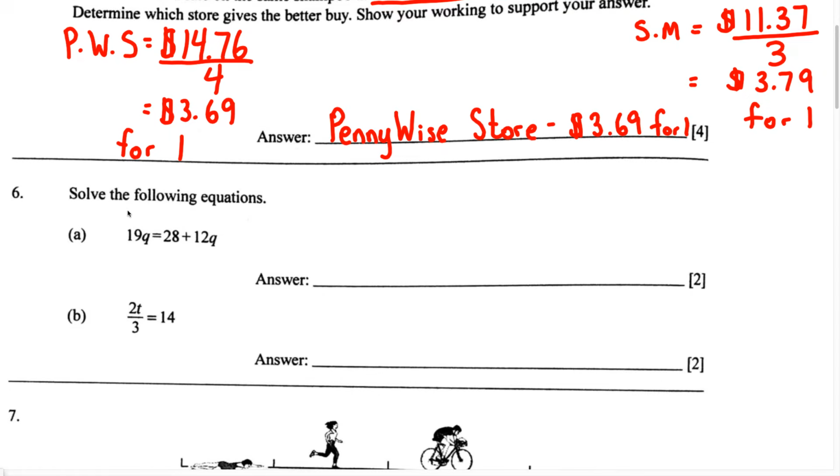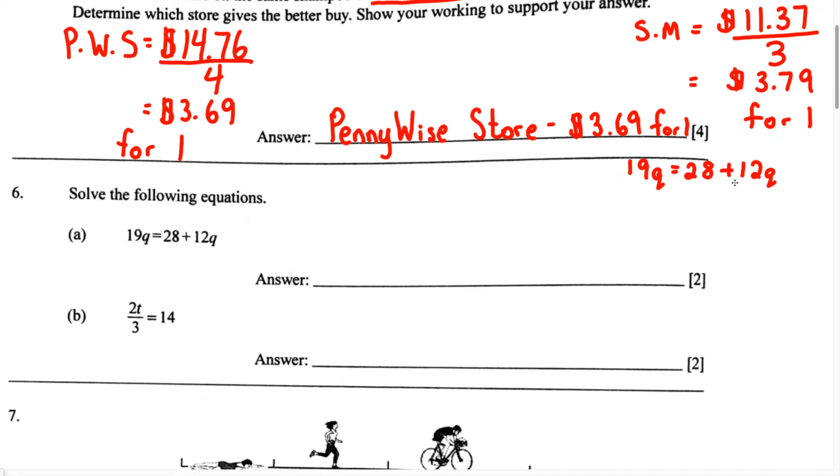Okay, now question 6 says, solve the following equations. Part A, it says 19Q equals 28 plus 12Q. So we have 19Q equals 28 plus 12Q. Well, to solve for this, we know we have like terms because we have 2 Q's.